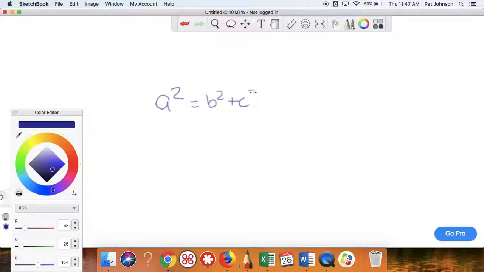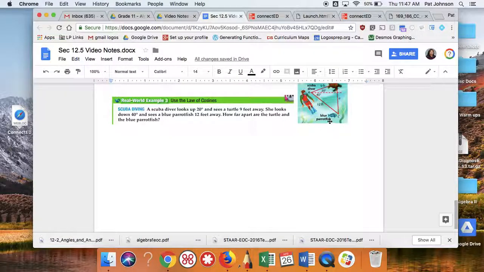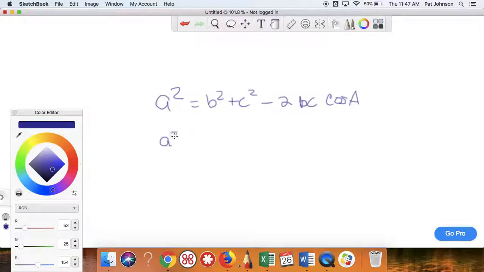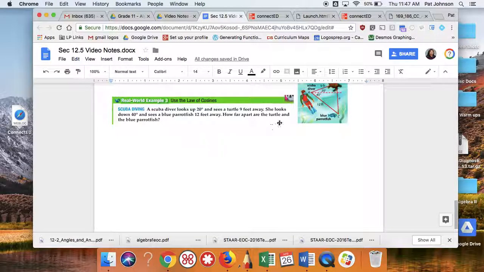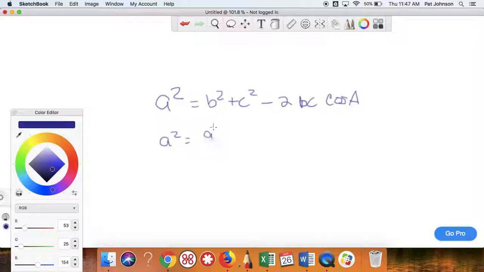Again, start off with your formula because I promise you, you'll make a mistake. Do we know a? No, that's what we're looking for. And b and c, so 9 squared plus 12 squared minus 2 times 9 times 12 times the cosine of 60 degrees.